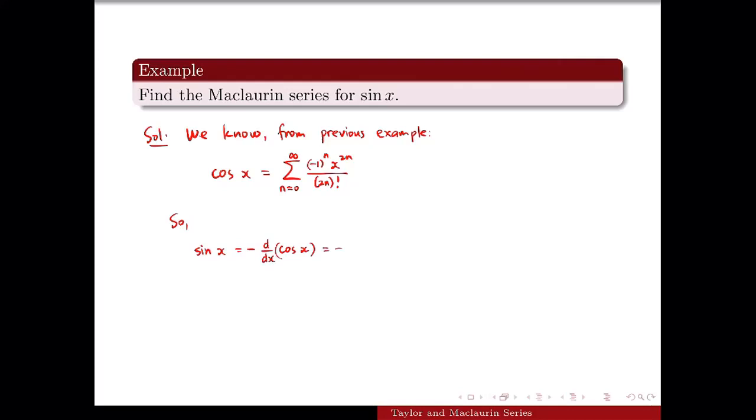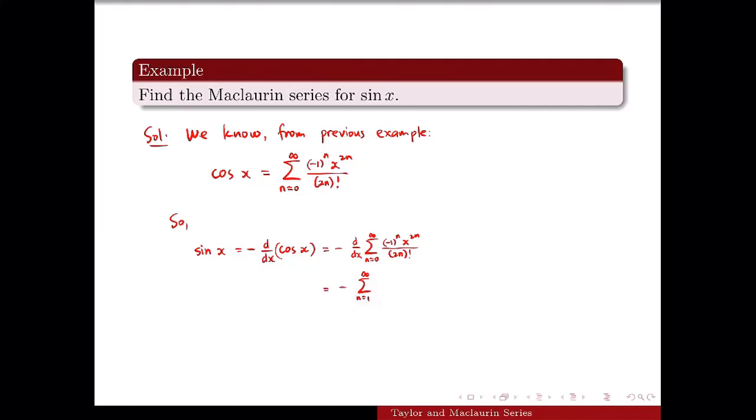So this is minus the derivative with respect to x of the power series, negative 1 to the n x raised to 2n over quantity 2n factorial, and from 0 to plus infinity. And if we get the derivative of this, we will have the sum start with n equals 1 up to plus infinity.